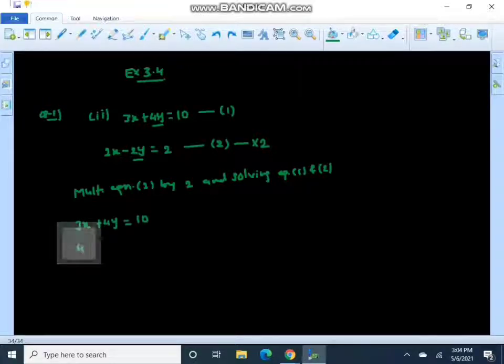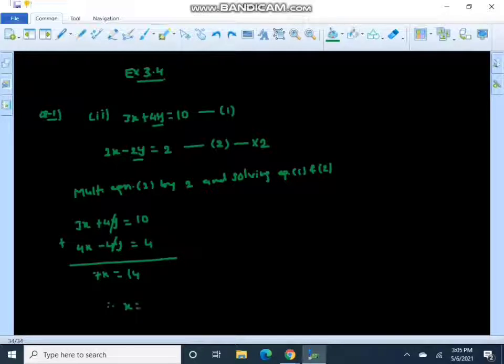Okay, 2 2s are 4x minus 4y is equal to 4. Already we have opposite sign, so let us add the two equations. 4y plus minus will get cancelled. 4 plus 3 will be 7x is equal to 14, and therefore x is equal to 14 by 2. Therefore x is equals to 7.